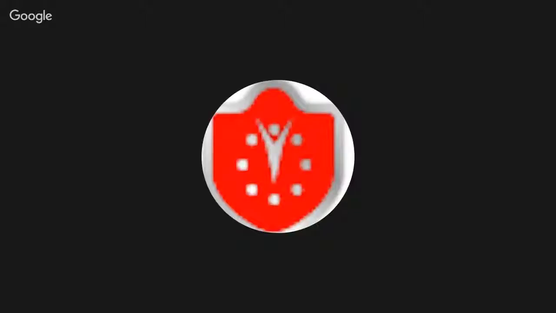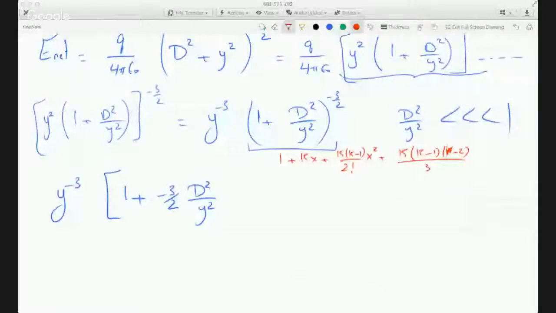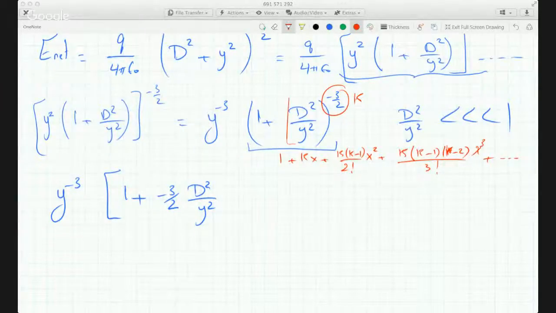So if d is much smaller than y, then in this case, this is our k. So 1 plus kx, where k is minus 3/2, and this guy here is your x.